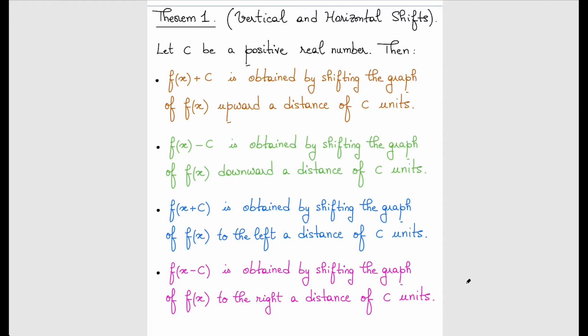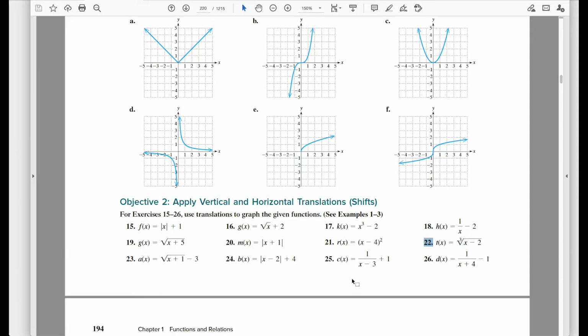Okay, let's do problems from the book now that actually combine these together, not just one by itself. How about 24? Same questions, but now you have a couple of translations, as opposed to one as before.